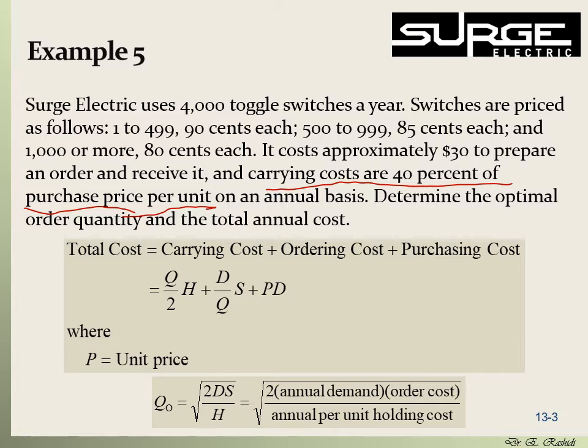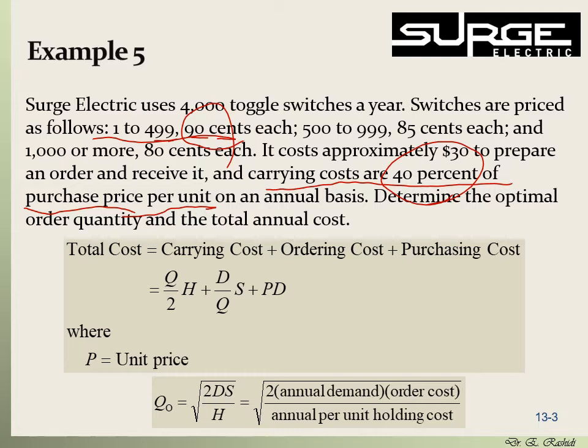So if they order between 1 and 499, they're going to get a price of 90 cents each, and the carrying cost would be 40% multiplied by 90 cents, which is 36 cents.